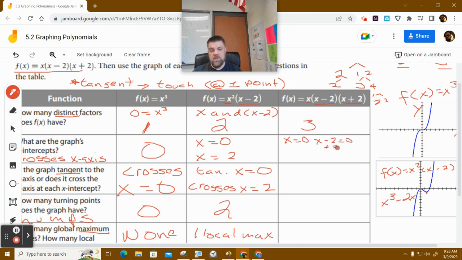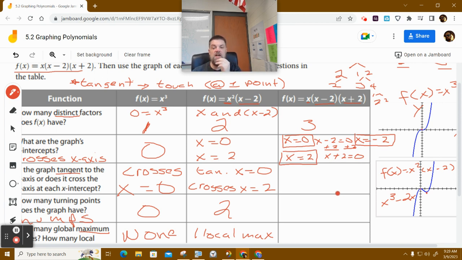If I add 2 to both sides on this one, I get x equals 2. I'll just write that over here. And then over here, if I say x plus 2 equals 0, then x equals negative 2. So my zeros are going to be x equals negative 2, x equals 0, and x equals positive 2. Okay?